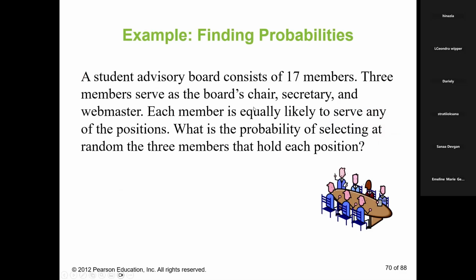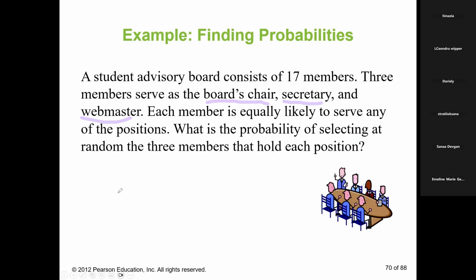Because there is what? Order. See order here? Board chair, that's the first guy. Secretary, that's the second guy. And the third guy is webmaster. Is this clear? So here you use what? Permutation. Good.